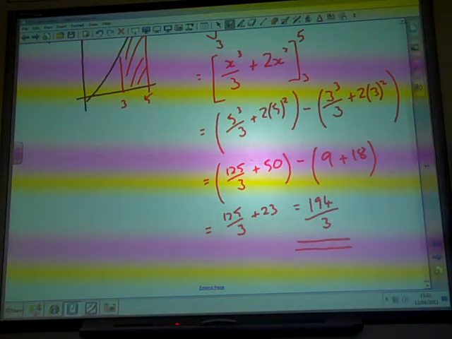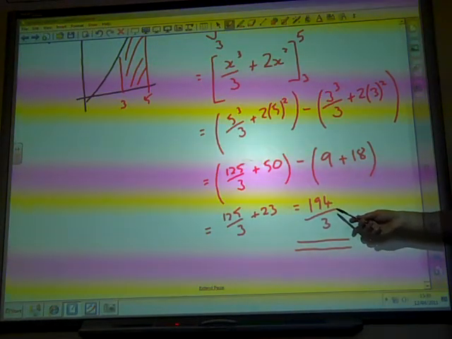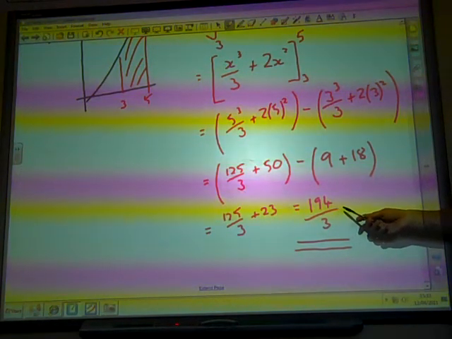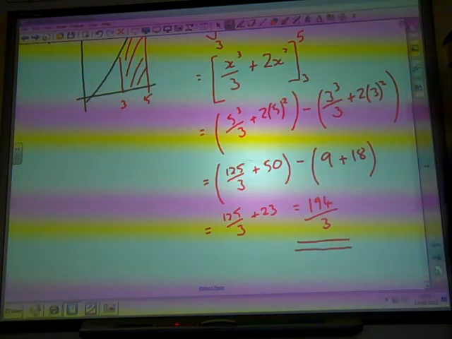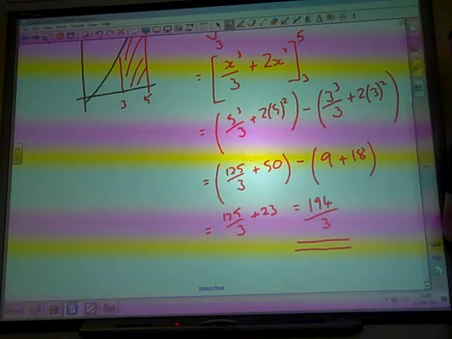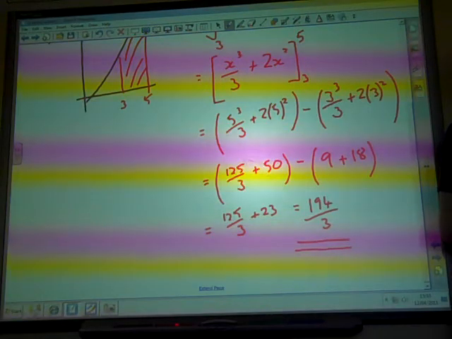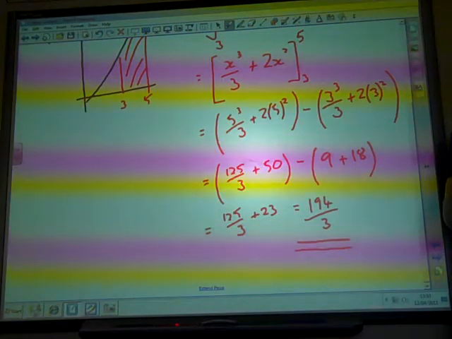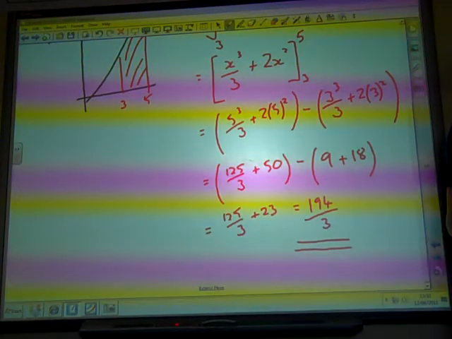So we're making absolutely certain at the end here that we give an exact area. If you want to write whatever that is as a mixed number, 64 and 2/3, that's fine. But 194 over 3 is fine.